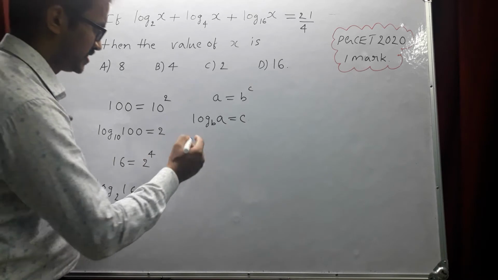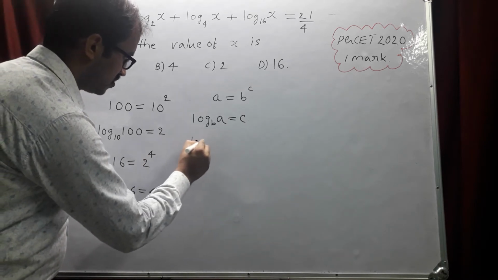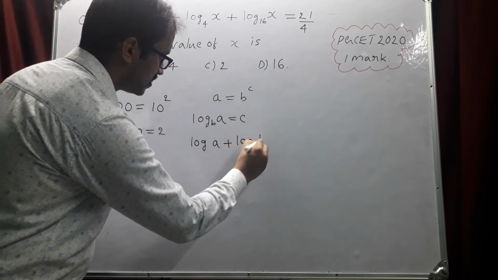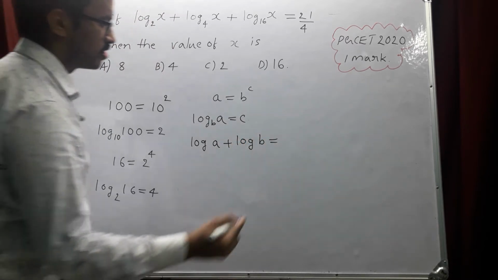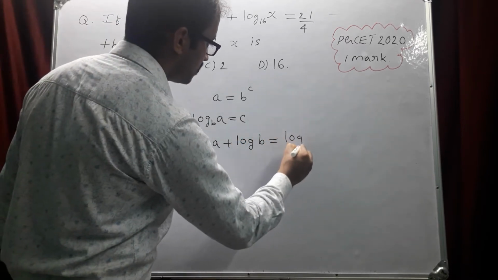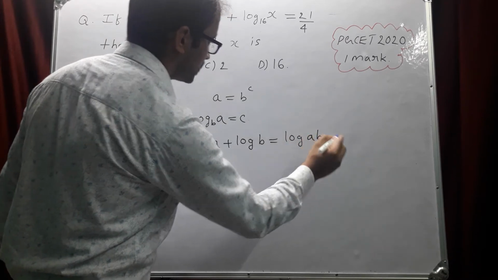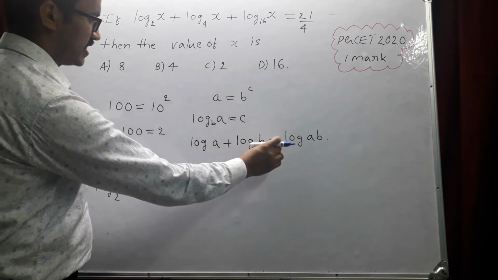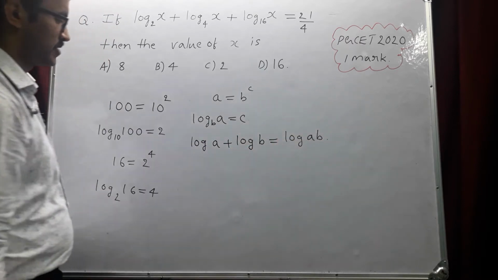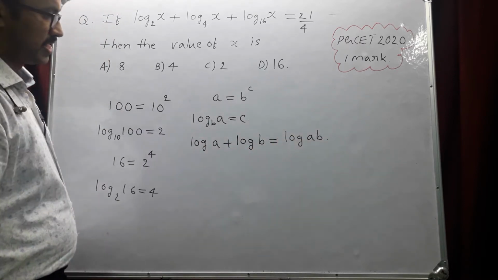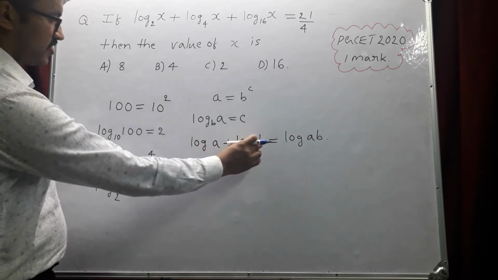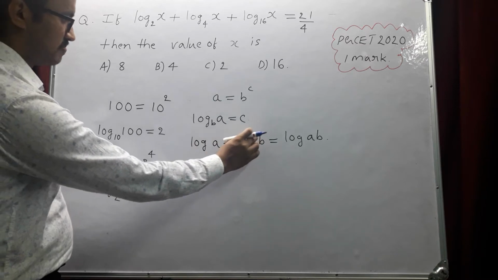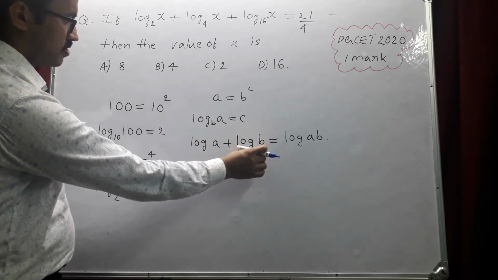So the properties are, first one, log a plus log b can be written as log a into b. So log a plus log b, we can write it as log a into b. One thing you have to remember is both should be of the same base. Whatever the base is for log a, the same base should be there for log b.